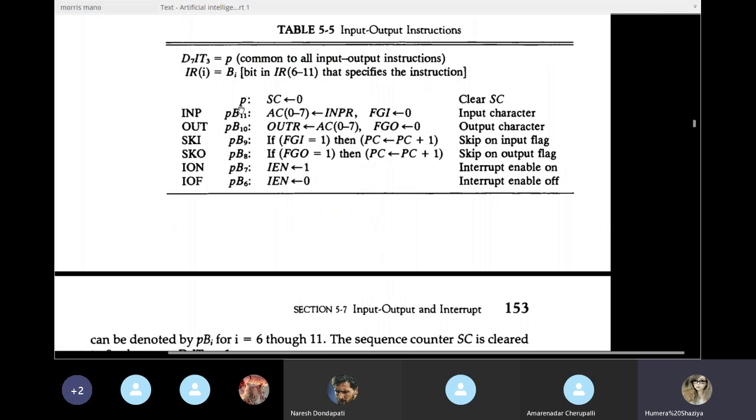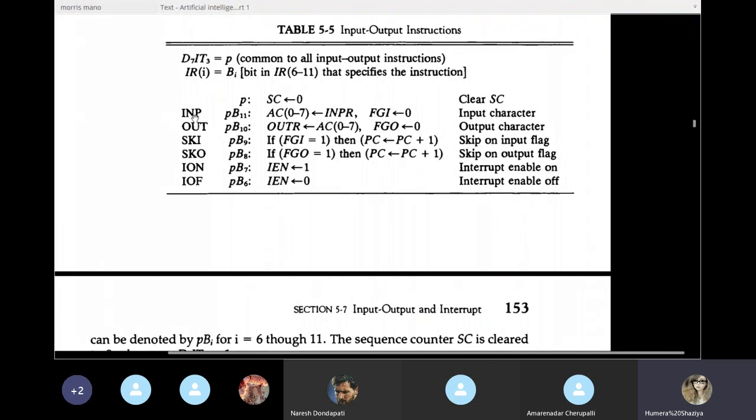So these B's denote the address part. If it is 6, it is a particular IO instruction; if it is 7, something else. So at P, the sequence counter is cleared. P means when D7 is equal to 1, I is equal to 1, and T3 is the timing signal.